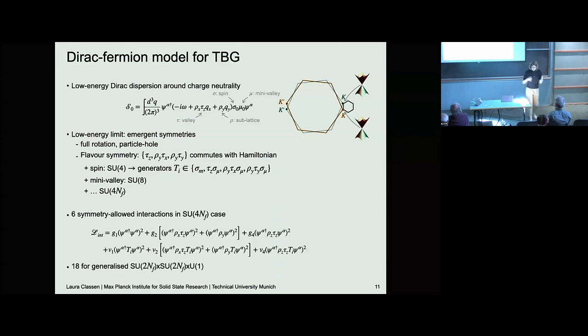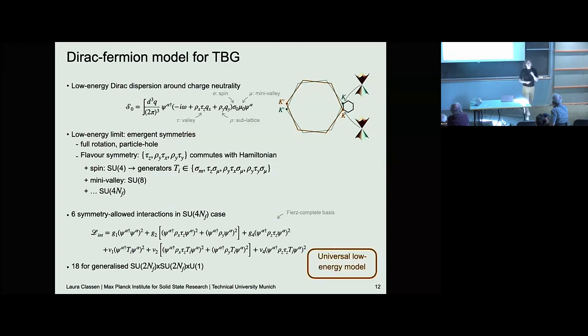Assuming these symmetries, you can write down all symmetry allowed couplings, and in this case there are 6 of them, which I'm showing here. But we can also reduce that symmetry to SU2(N_F) cross SU2(N_F) cross U1, because keep in mind that this is a low energy theory, and the original model might have this symmetry broken to this, so this can appear in the interaction in principle.